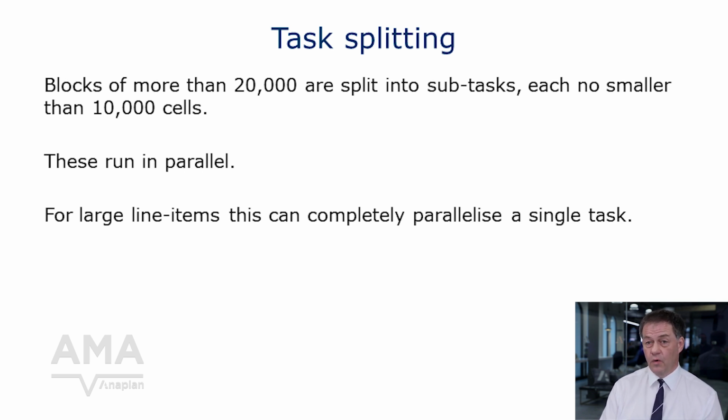And what happens is, if there are more than 200,000 cells in a block, it's split into these subtasks, and each of the subtasks is no smaller than 100,000 cells. That means that if you have 1 million cells in a block, that's going to divide into 100 subtasks. And that is enough to get all the parallelism you're going to need.